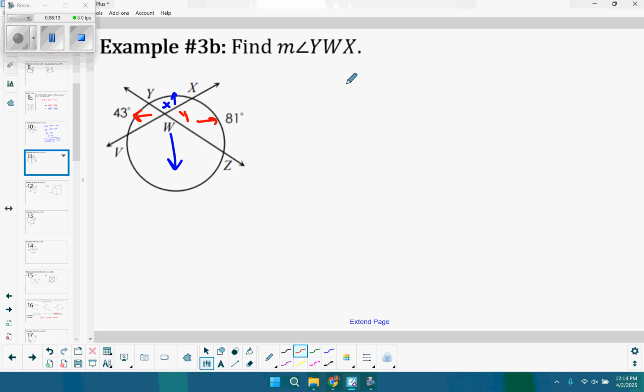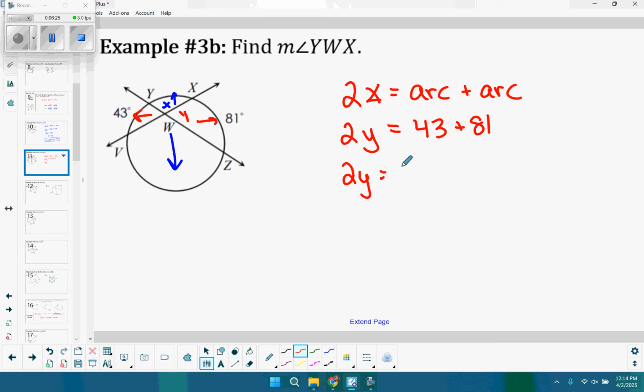So I could say that 2 times angle equals arc plus arc. So 2 times Y is equal to 43 plus 81. So 2Y is equal to 124. So Y is 62. And then X and Y together form a linear pair.